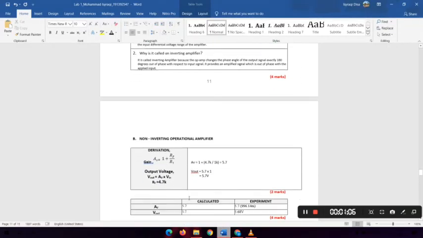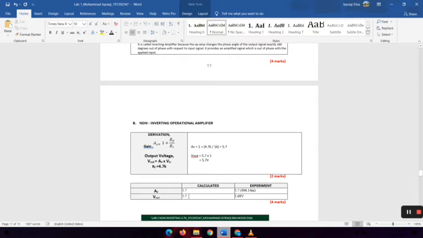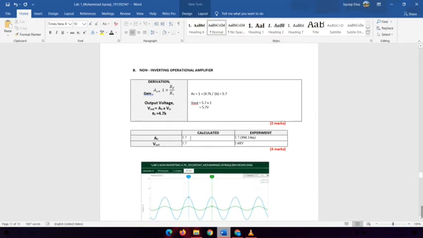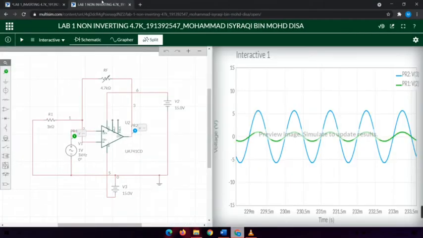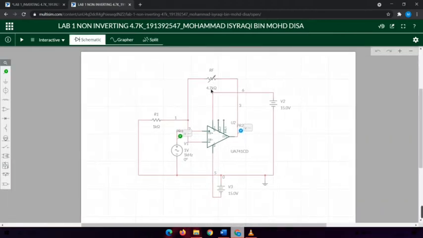So I'm going to present the non-inverting operational amplifier. Here the calculated value of gain is 5.7. Here is the circuit for the non-inverting amplifier. The green color is for Vin, blue color is for Vout. We are using 4.7k ohm.